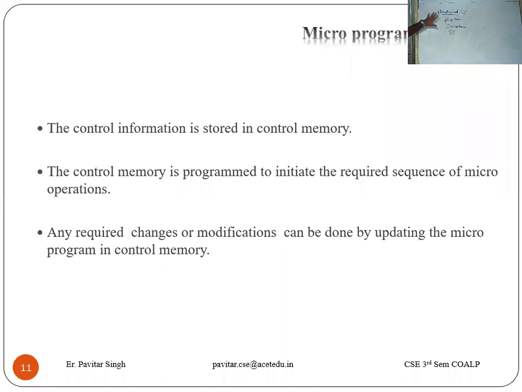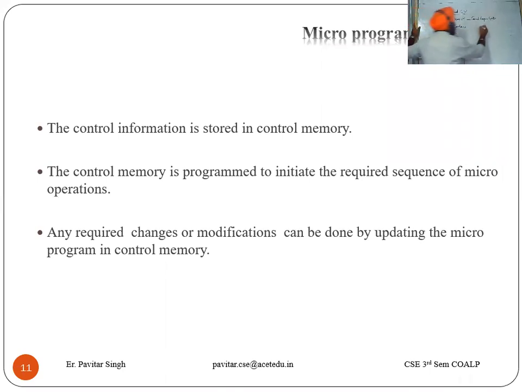So these are your hardware components. Flip-flops and logic gates are all used in combinational circuits, right? So if you need any changes, you need to change the flip-flop, you need to make changes in the decoder, you need to change the wires of the sequence counter, right? So this is your hardwired CU.